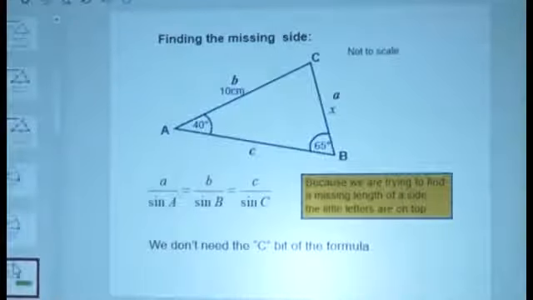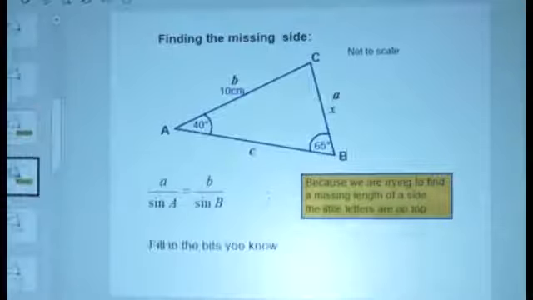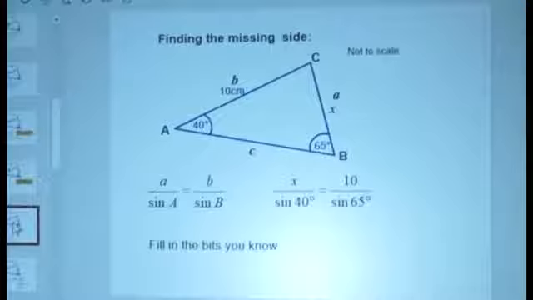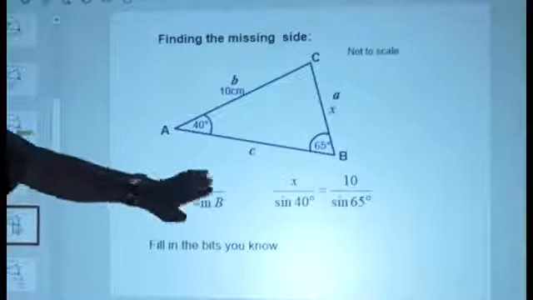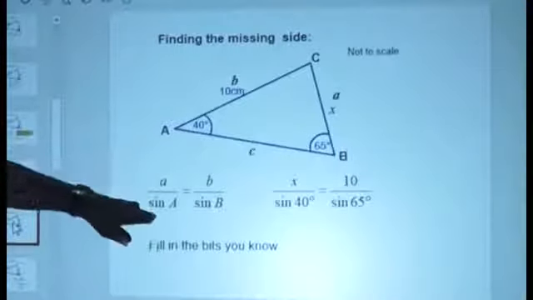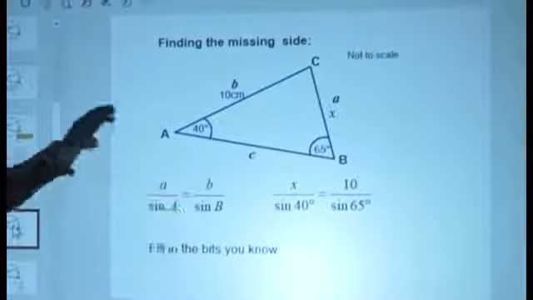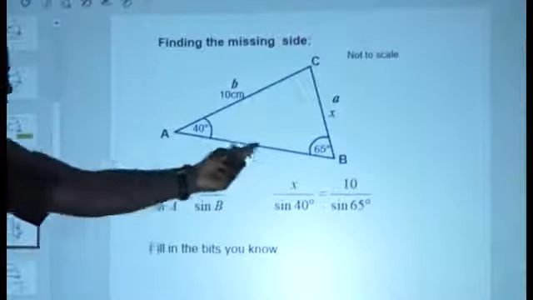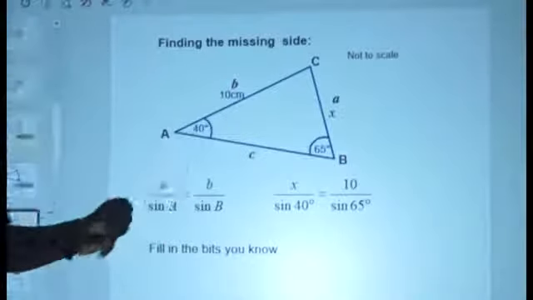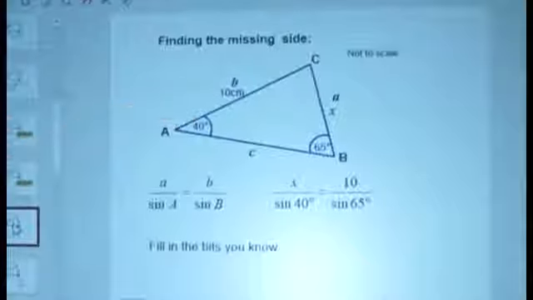So what we need to do is to substitute. We have a over sine A equals b over sine B. And A has a figure here, B has a figure, and small b has a figure. Then we call it substitution.